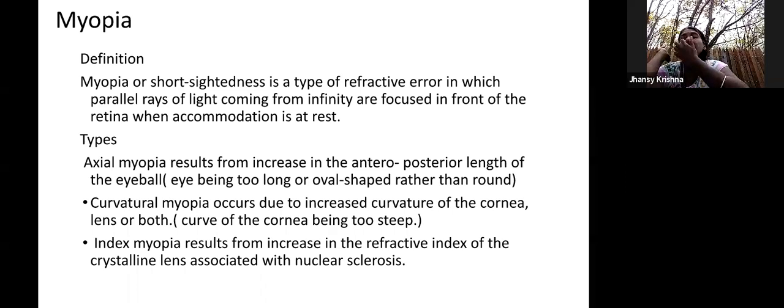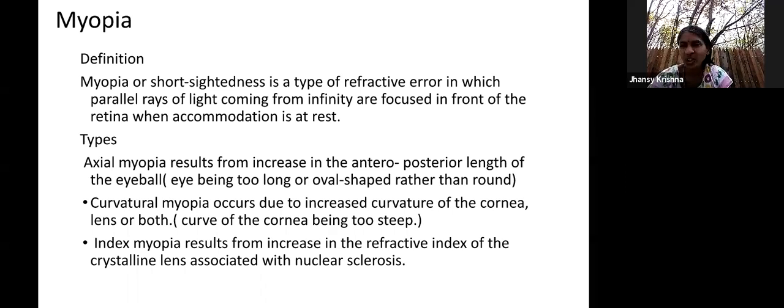Myopia is also known as short-sightedness. In short-sightedness, parallel rays of light falling from infinity are focused in front of the retina when accommodation is at rest.